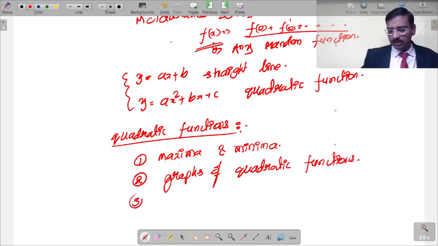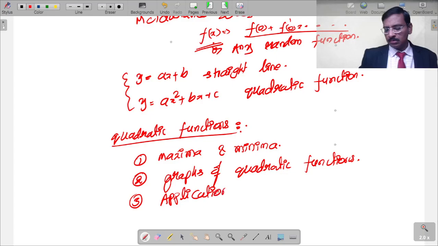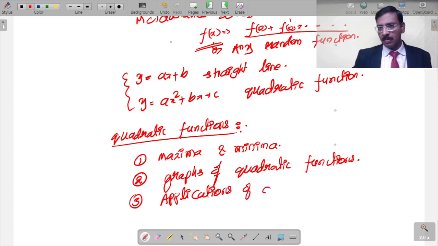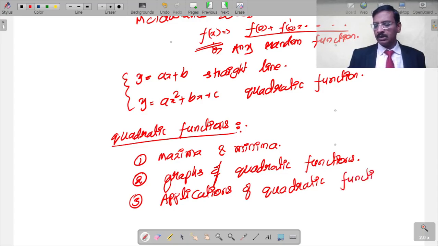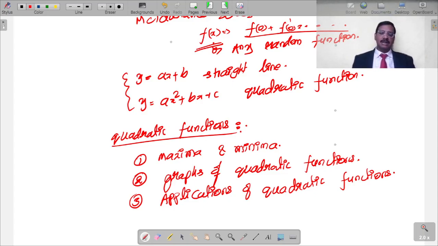And the third one is applications of quadratic functions. Right, so these are the 3 different subtopics we will be having in our methodology.